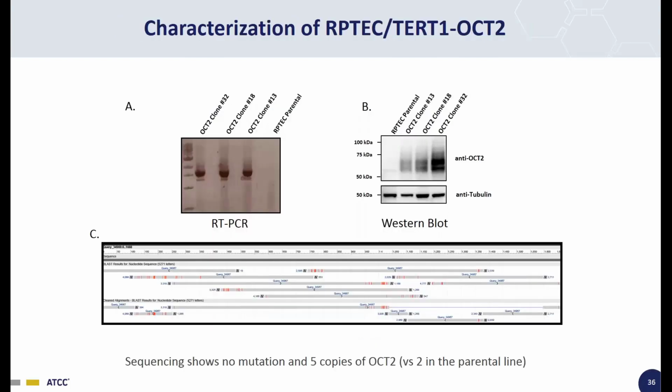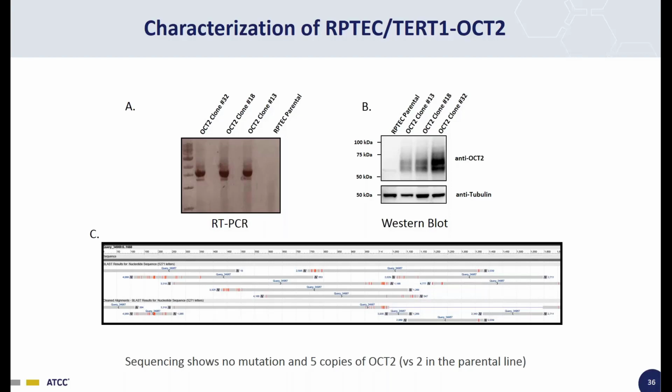Secondly, we characterized OAT2. We also chose some clones and verified the mRNA level in those clones by RT-PCR, and Western blot for the protein expression. Figure C is the sequencing data showing that OAT2 has no mutation in these cells. We also did ddPCR to verify the copy numbers of OAT2 in those clonal lines.